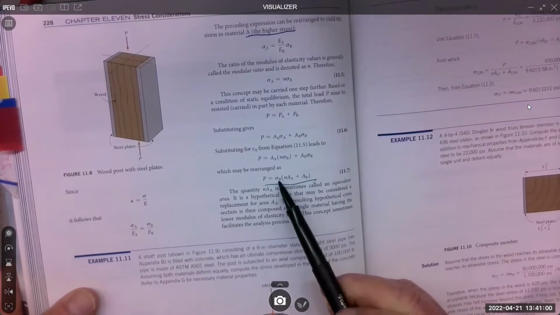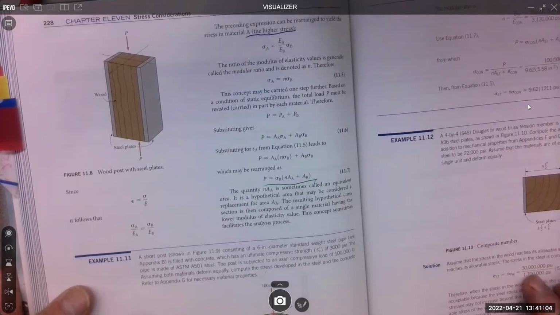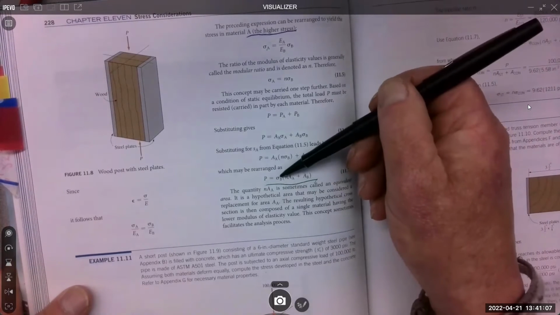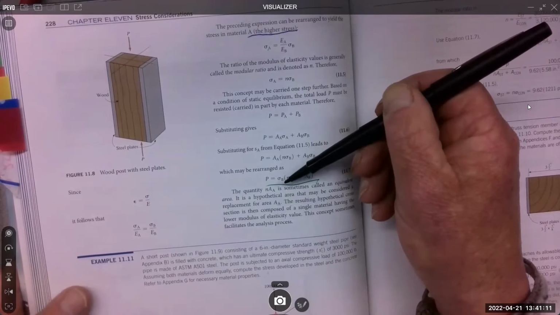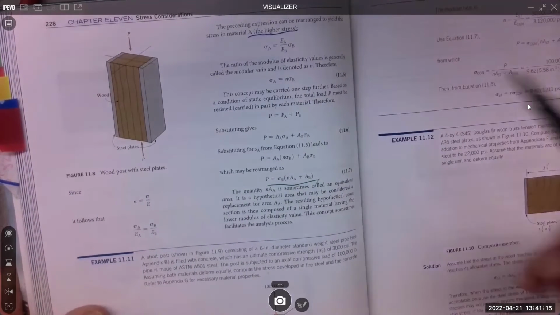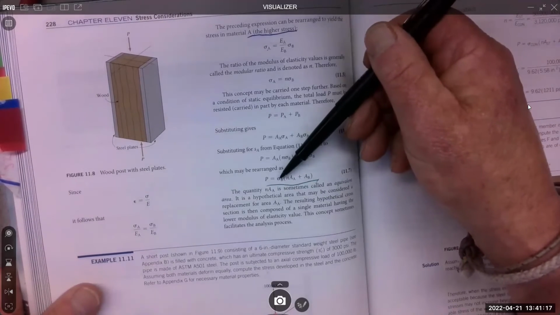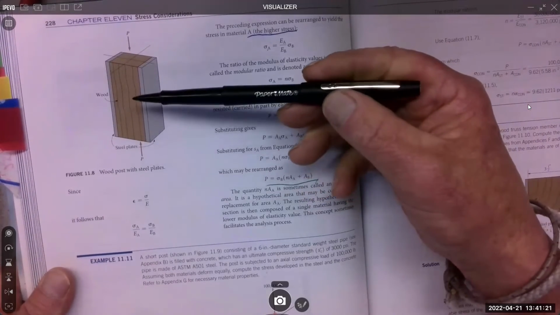Then there's stress in B and some areas. The reason we put the stress in B in here is because it's the weaker material. B is always weaker, A is always stronger. So we set this to the limit. In this case, the wood would be the weakest.